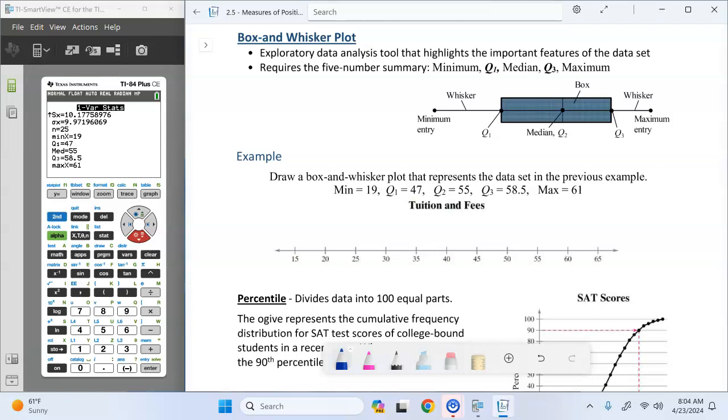It's an exploratory analysis tool that highlights the important features of that 5-number summary: minimum, maximum, Q1, Q3, and median. The box is all the values between the Q1 and the Q3, our interquartile range. And then from the box, we draw whiskers out towards the minimum and the maximum.